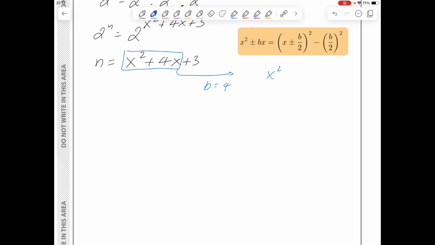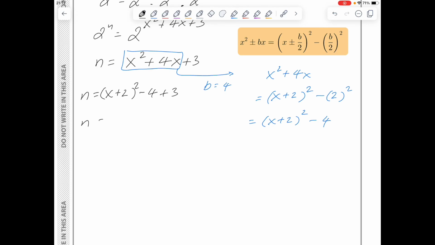So x squared plus 4x will become (x plus 2) squared minus 2 squared, so (x plus 2) squared minus 4. So let's go back to the expression for n equals (x plus 2) squared minus 4 plus 3. So n is equal to (x plus 2) squared minus 1.